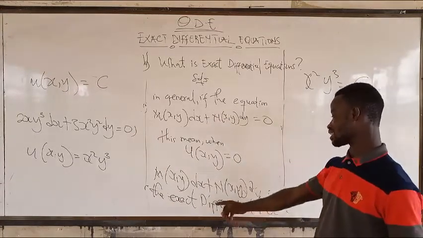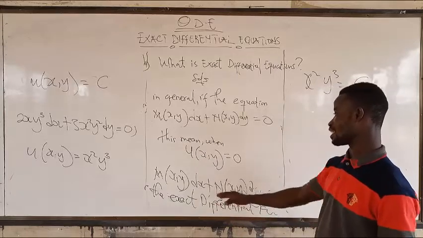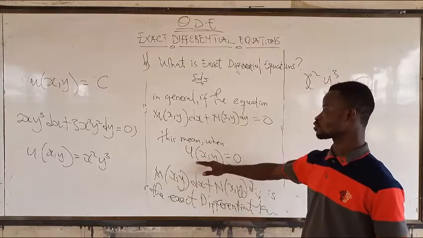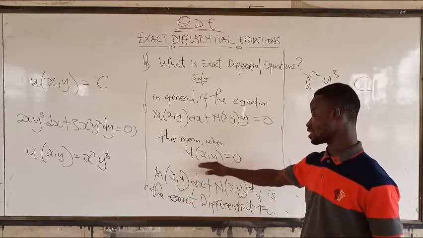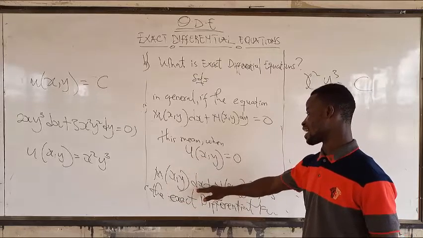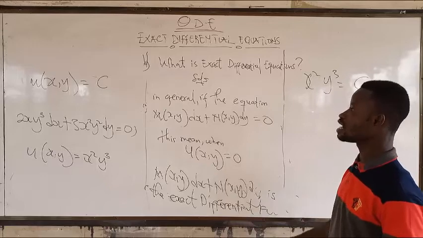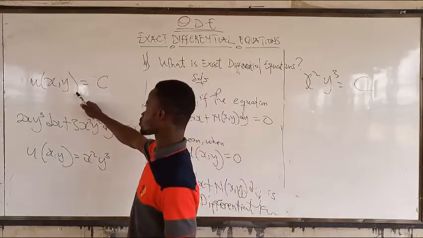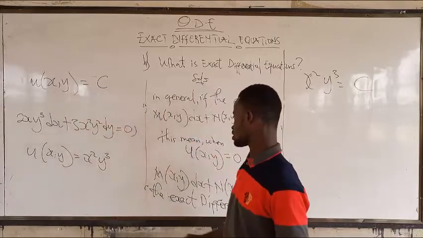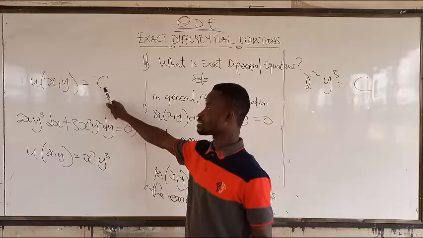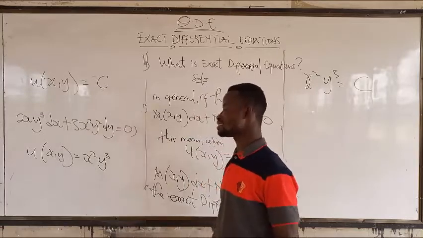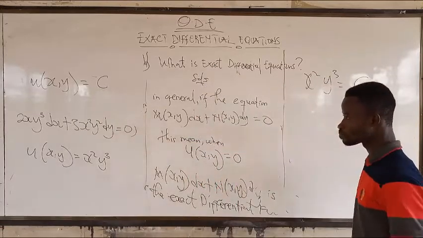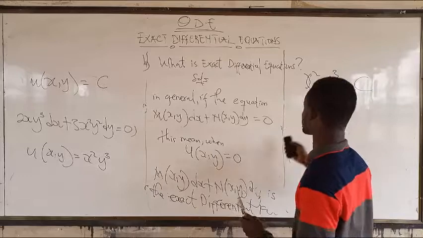This means that the left hand side is the total derivative of this function, and this left hand side is the exact differential equation. And when you equate it to c, that is the general solution.